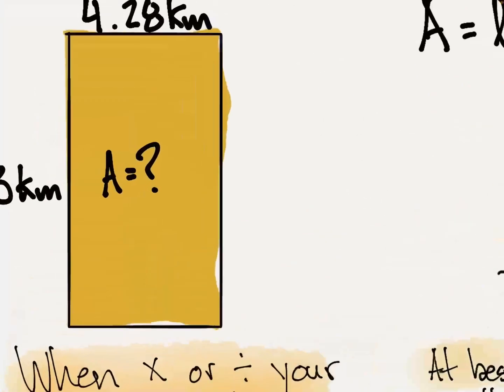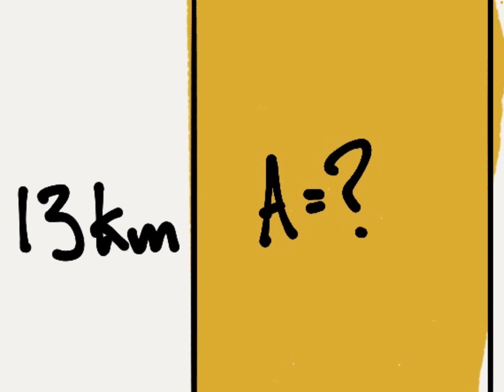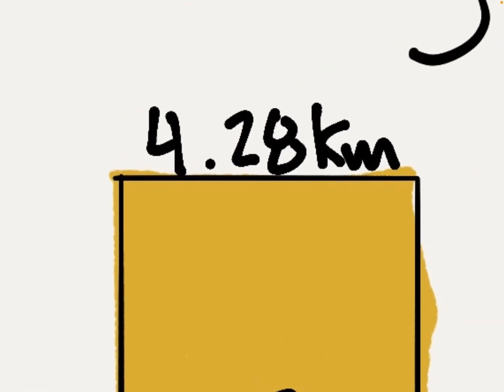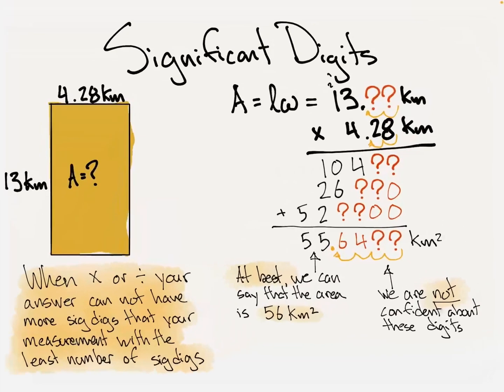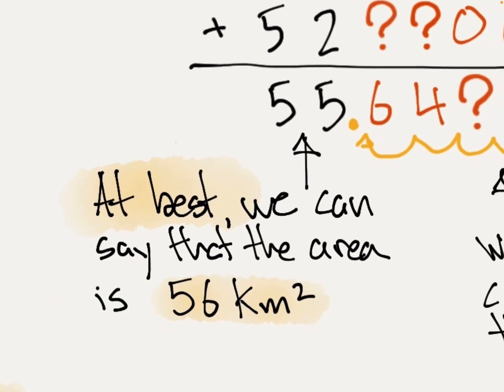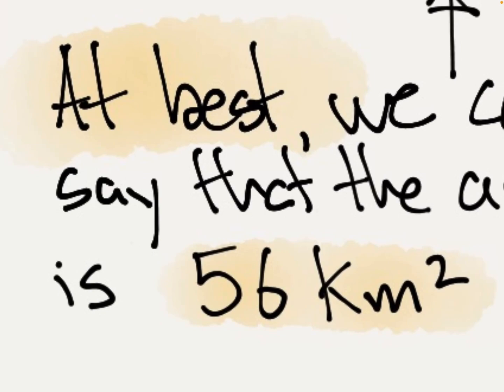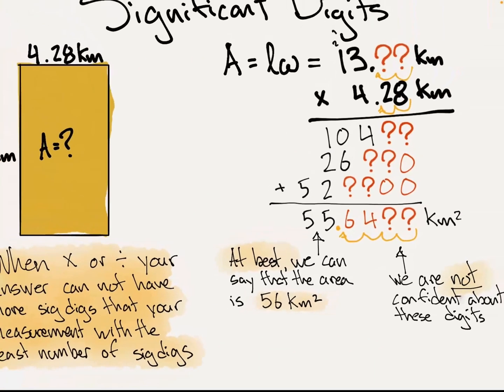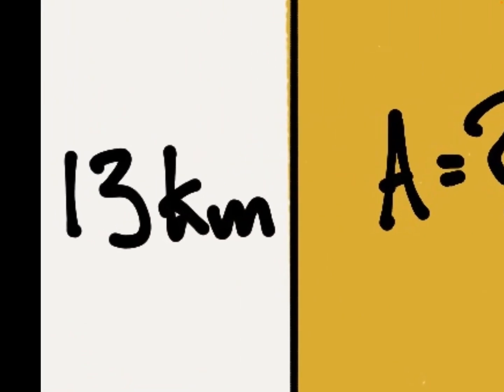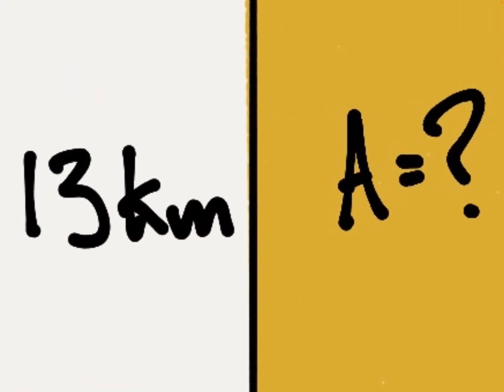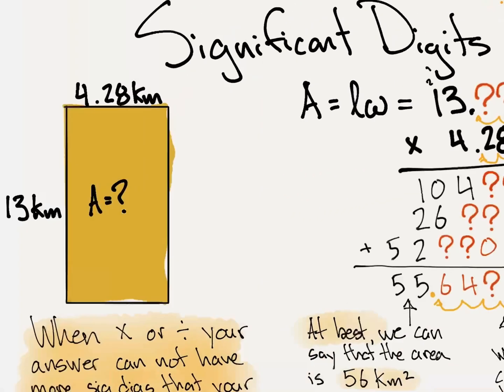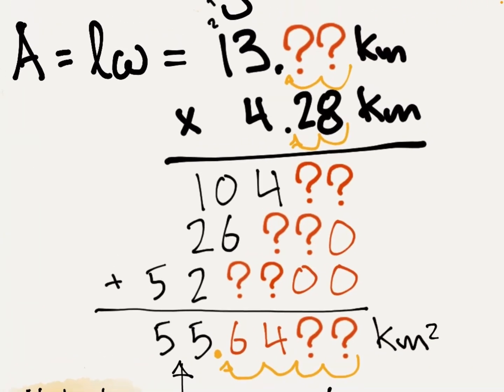Let's go back to our measurements here at the beginning. Notice that the 13 has 2 sig digs and that the 4.28 has 3 sig digs. Our answer cannot have more sig digs than the measurement with the least amount of sig digs when we're multiplying and dividing, for the reasons that we just went over here.